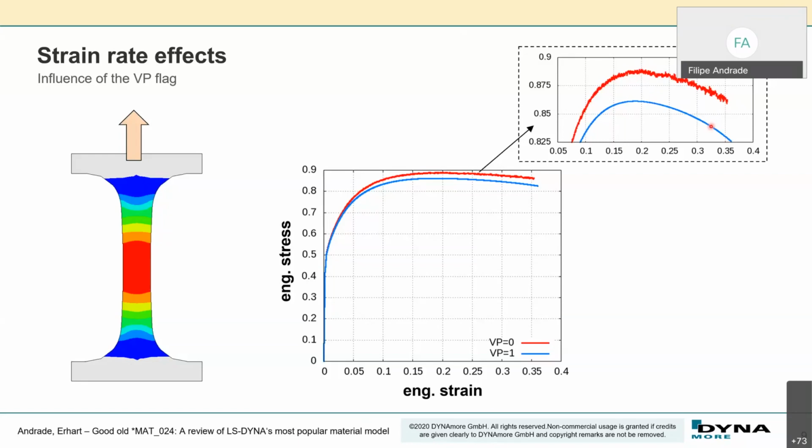Well, it's not entirely true. It's true for a monotonic loading like this, like in uniaxial condition. But if you have load reversal or if you have bending, then VP3 still behaves differently than VP1. So I would say that VP3 is kind of a compromise between VP0 and VP1.